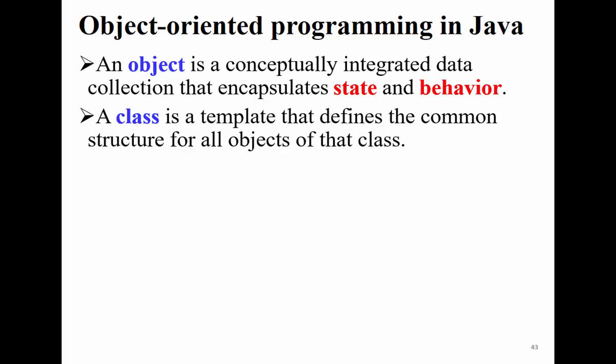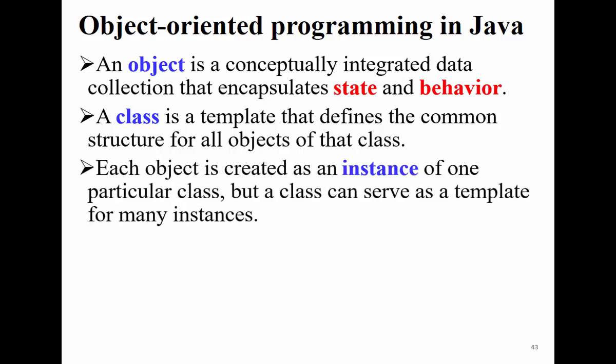So when you create student A, student B, student C, you know that all these students have the same state and the same behavior. So the class represents a template or a common structure for your data type. When you decide to create an instance of your data type, you use the new operator.